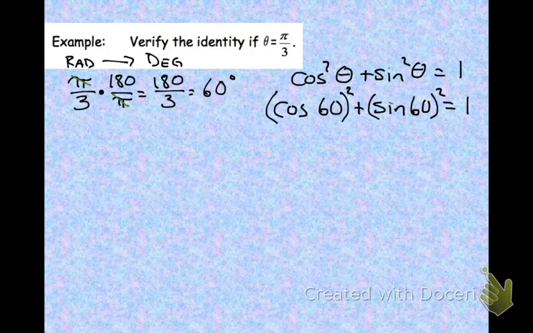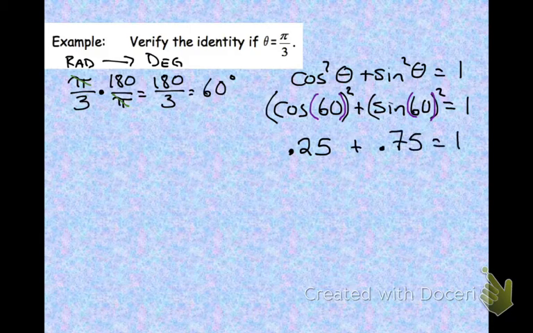Put cosine 60 in parentheses and squared, and I'll give you a heads up that there will be another set of parentheses in your calculator. Cosine of 60 squared gives you 0.25 plus sine of 60 squared gives you 0.75. And we know that a quarter and 3/4 is 1, so 1 equals 1.